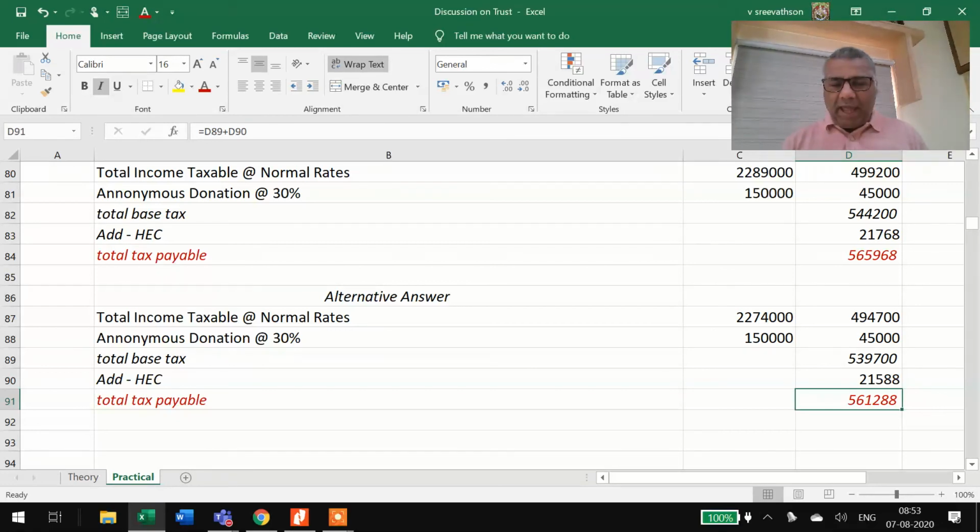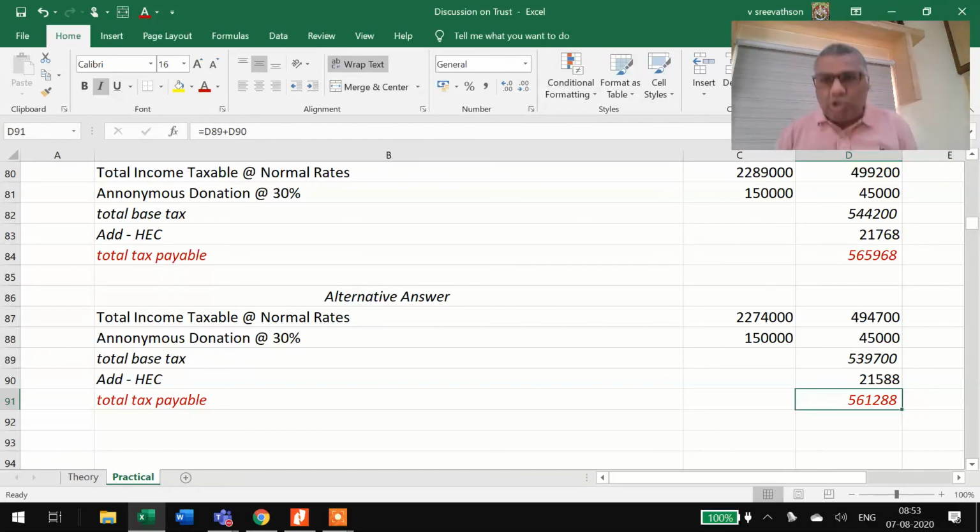One thing the people arguing like that are forgetting is that being taxable at normal rate is also under 115BBC. Up to 1 lakh or 5% taxable at normal rate is not in section 11.